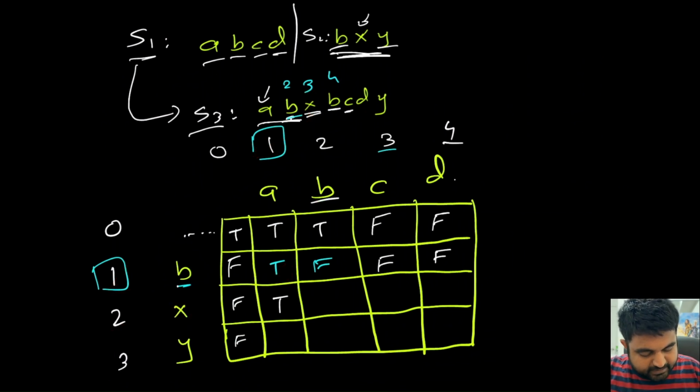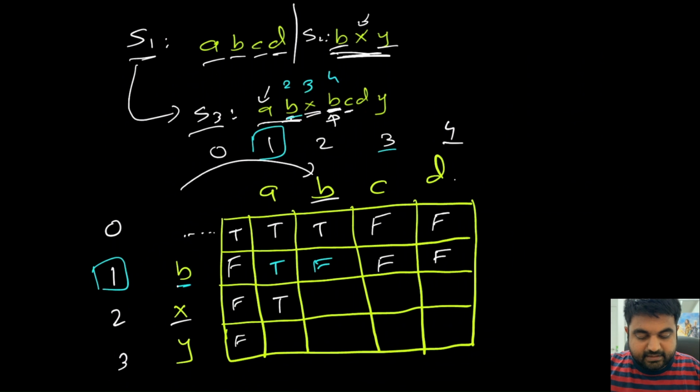Then we are going to compare this B and X with this B. Once again, this value is B, that is correct. Now this B matches with the value over here. In this case, because it matches with the value on the I axis, for this particular cell, instead of checking the value above it, we are going to check the value right before it, and this is true. So that's why this is also going to be true.